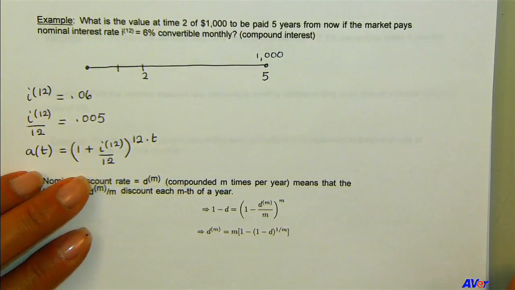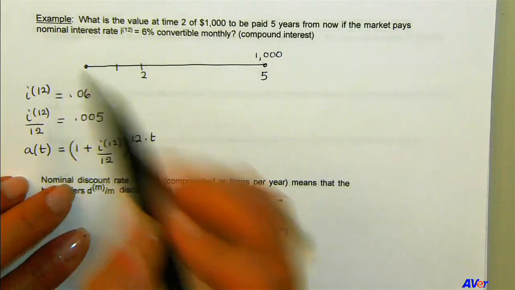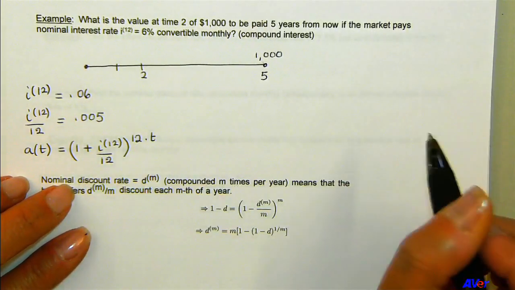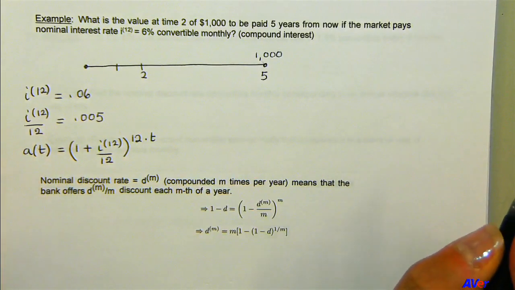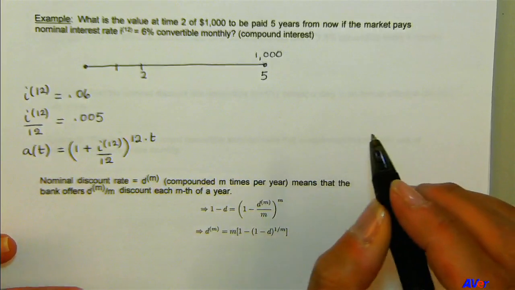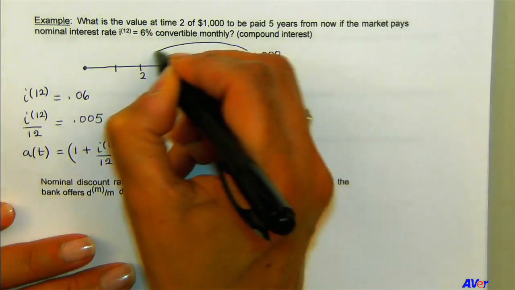Okay, so what do you think we should do here? Do we need to bring it back to 0 and then forward to 2, or no? The answer is no, you don't need to, because this is compounding of interest. That only is for other functions, right? Such as simple interest. Here I can just go directly.